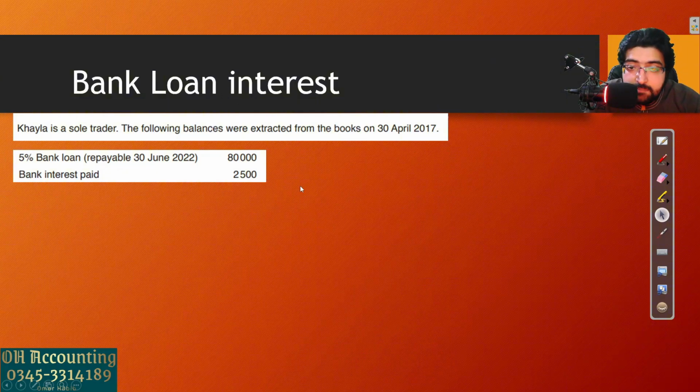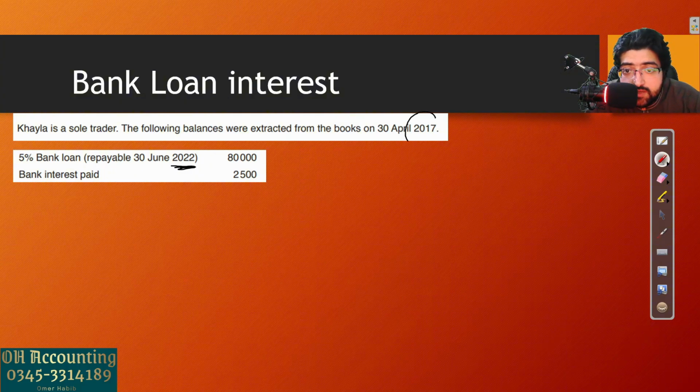to bank loan and bank loan interest. Okay, in questions you will usually have one of these given. Okay, so let's read this. K is a sole trader. The following balances were extracted from the books on 30th April. They have given us a bank loan, okay, which is repayable in 2022.